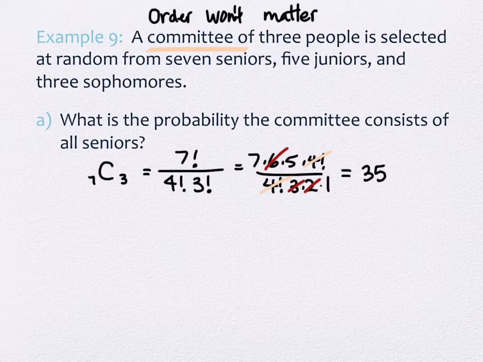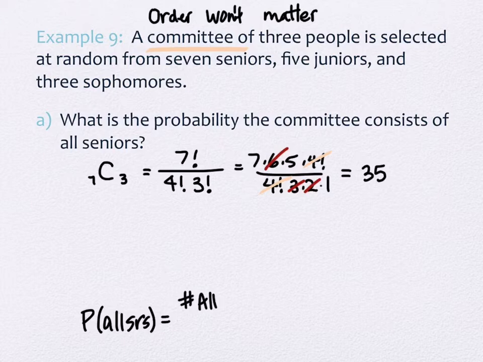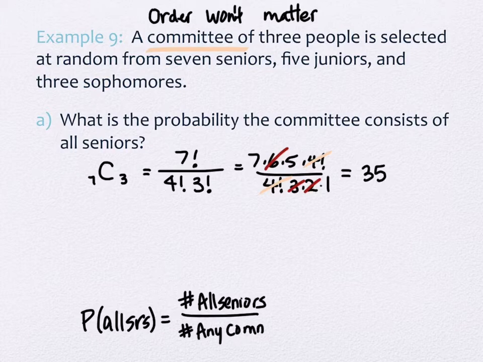But if I'm wanting to find, I'm going to skip some space down here, like I did on part C of the previous problem, the probability of all seniors, I would need the number of all senior committees, which I just found, divided by the number of any committee. Right? How many committee options are there?